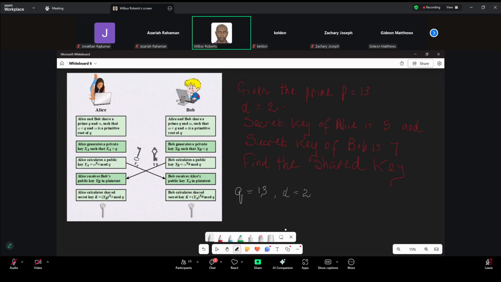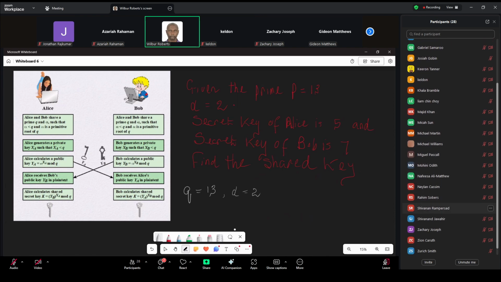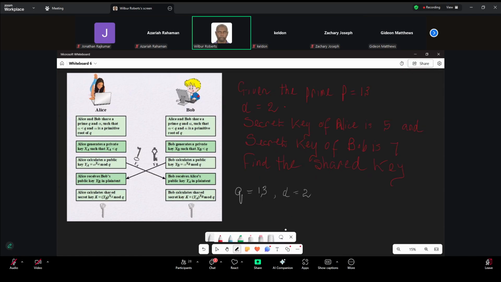So based on what we have there, find the shared key for me. See if you could find the shared key from that. First of all, find if it is possible to get the shared key.